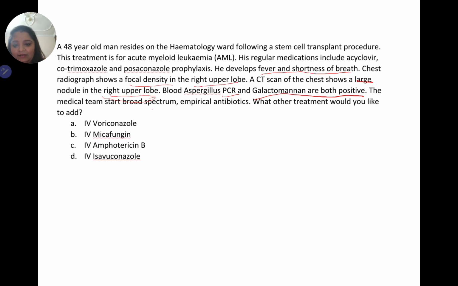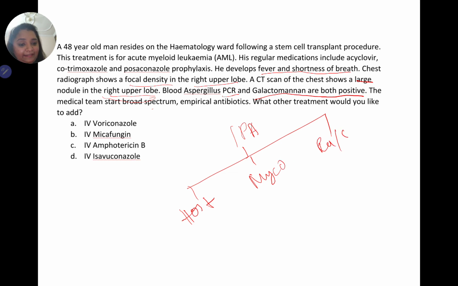So this is a suspected case of invasive pulmonary aspergillosis, as I have discussed in my previous webinar. So IPA you will be thinking of when the patient is satisfying host factor, mycological criteria, and radiological or clinical criteria. Your host factor here, the patient is having AML and is an HSCT recipient, hematopoietic stem cell recipient.